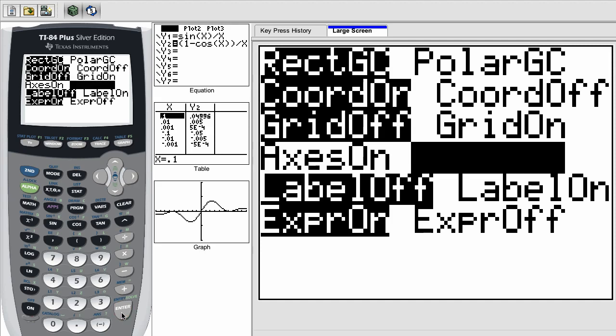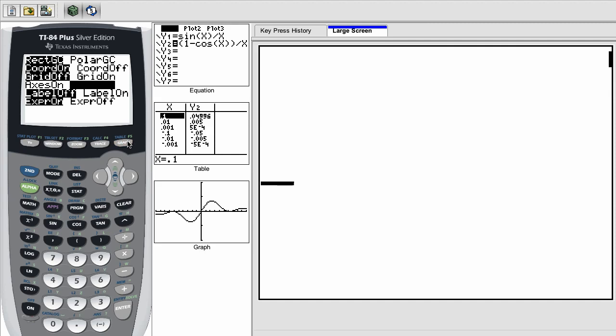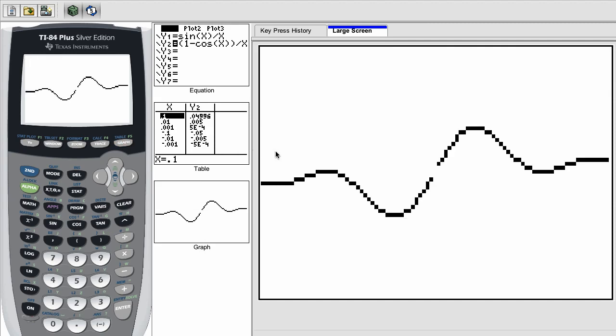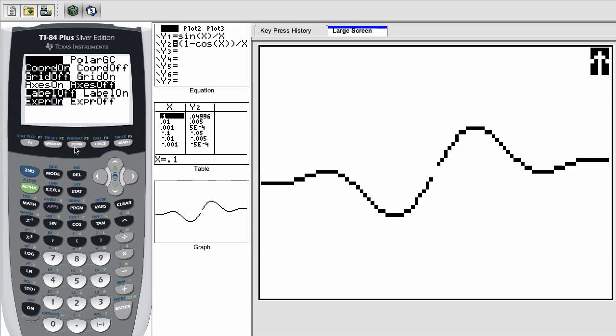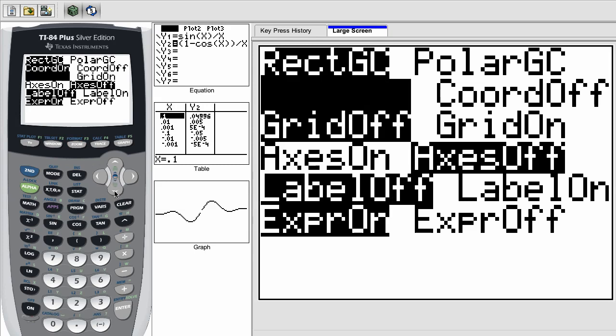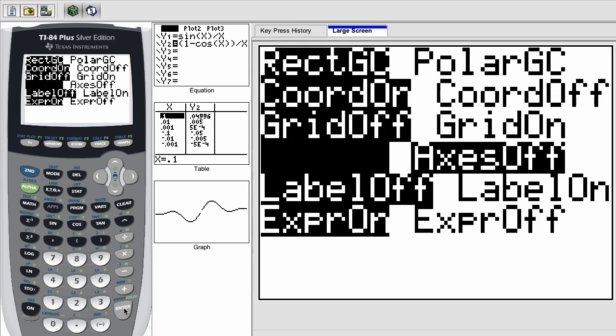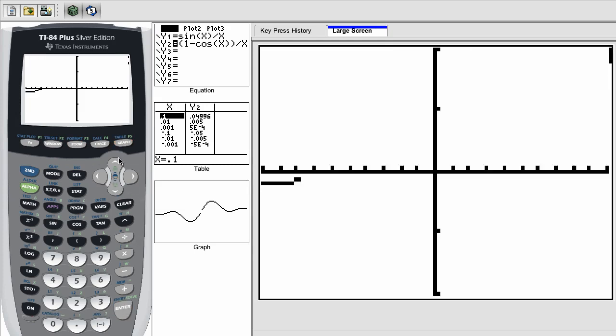I'm not entirely sure if it will or not, but I guess we'll see. Okay, and it did. So we removed our axes, and you can see that the calculator quite literally doesn't know what to do here because 0 is not in the domain, so that's not a point it's going to plot. It just doesn't show up in our graph because the axis gets in the way.